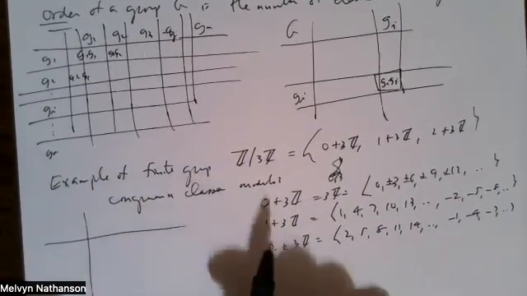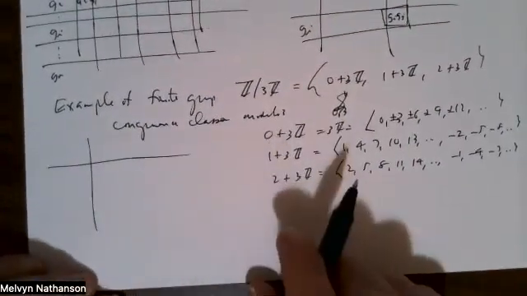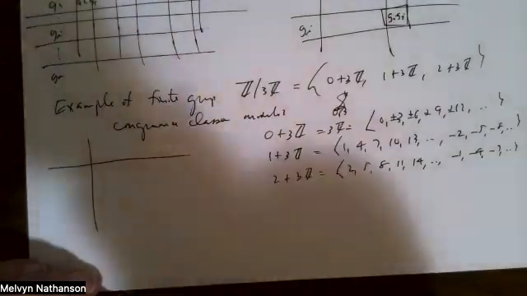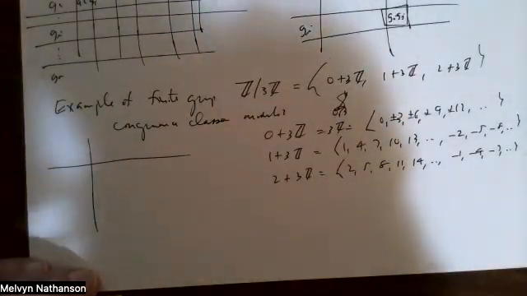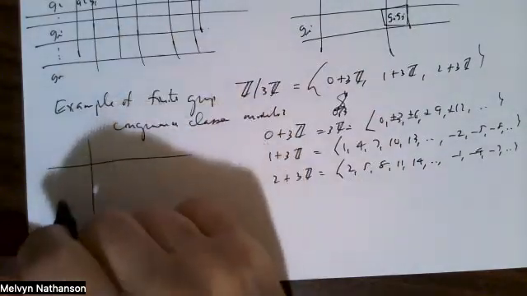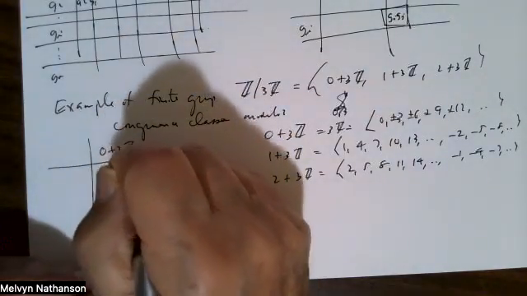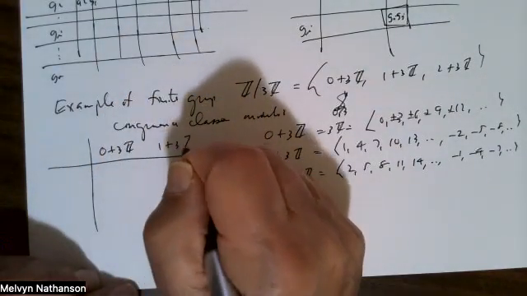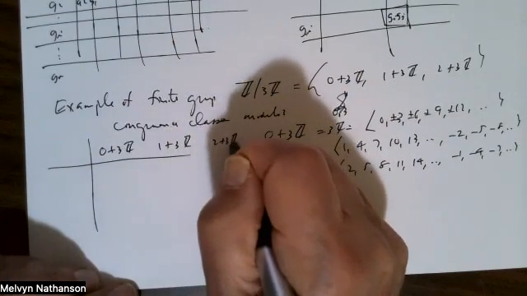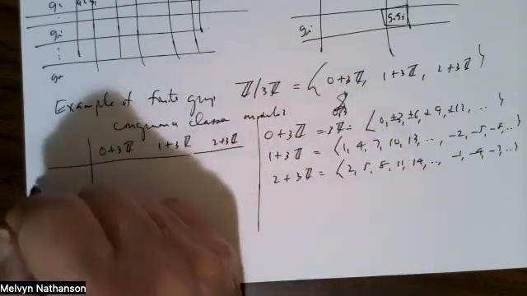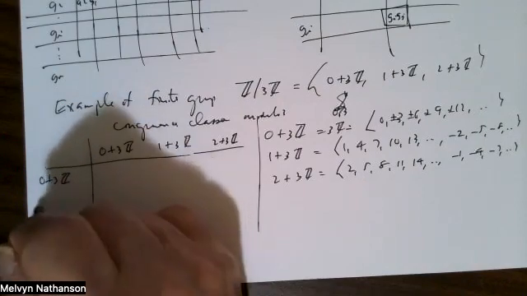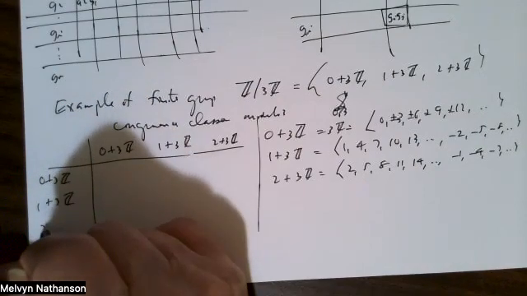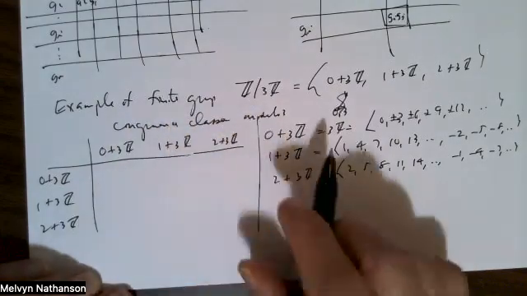And if we write down the multiplication table, and in this case, we always call it a multiplication table. This is like the addition table. So 0 plus 3Z, 1 plus 3Z, 2 plus 3Z.